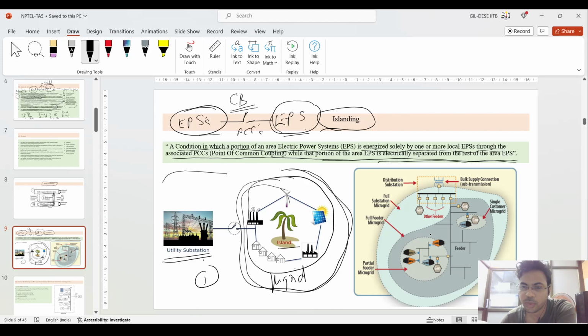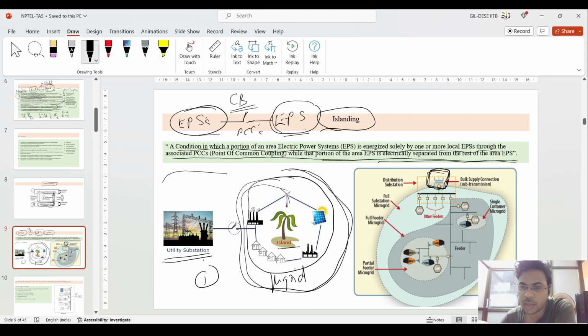Coming to the right side image, islanding has multiple types. Suppose this is the initial image. Where my cursor is, this is the distribution substation, which is connected to the main substation.